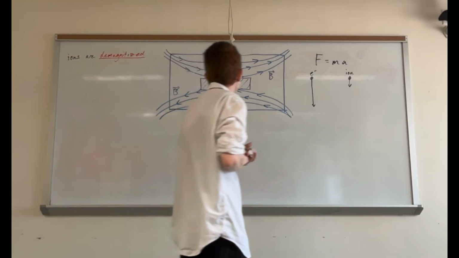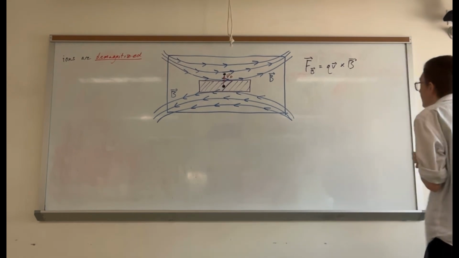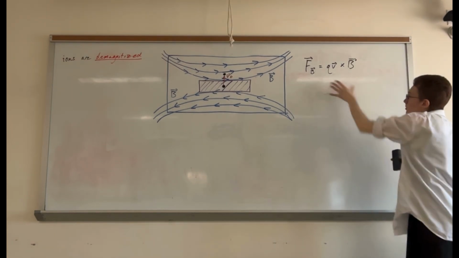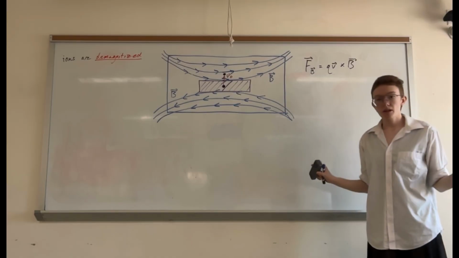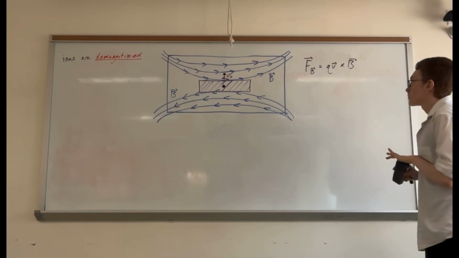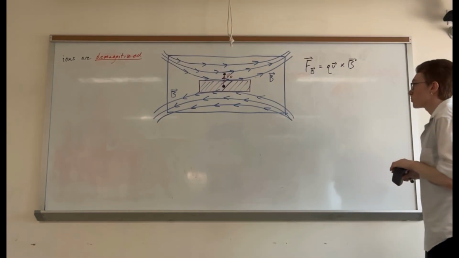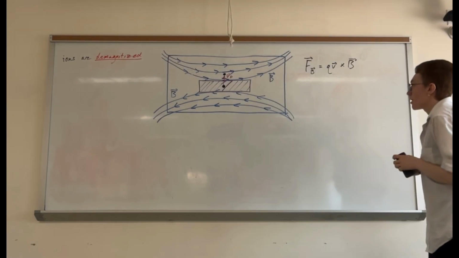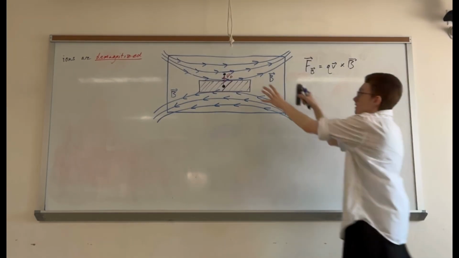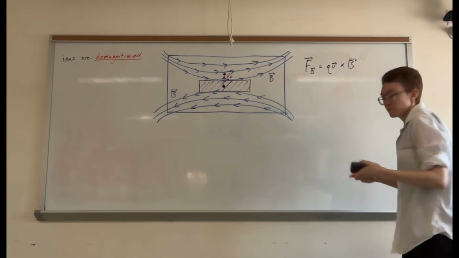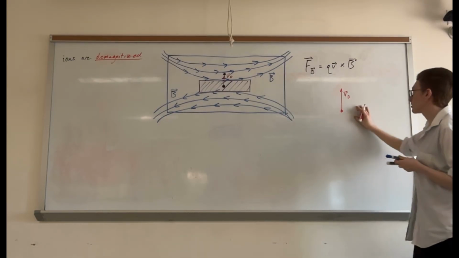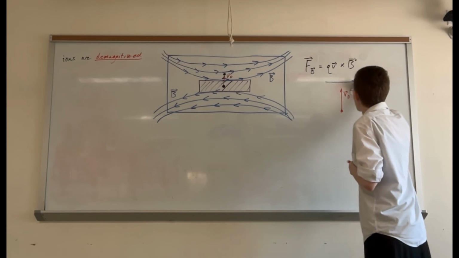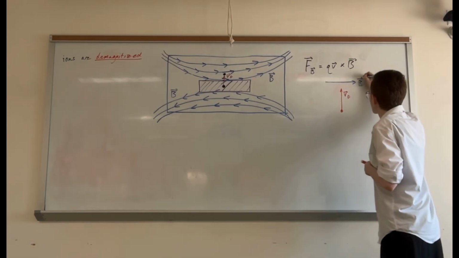Okay, so previously we said that the magnetic force, or the Lorentz force, is QV cross B. And before we were assuming that this had no effect on our system at all. And so for simplicity's sake, we're still going to assume that this Lorentz force has no effect on the electrons. But if we look at the ions, let's take this and zoom in. We have some ion with drift velocity going this way, and we have our magnetic field going this way.